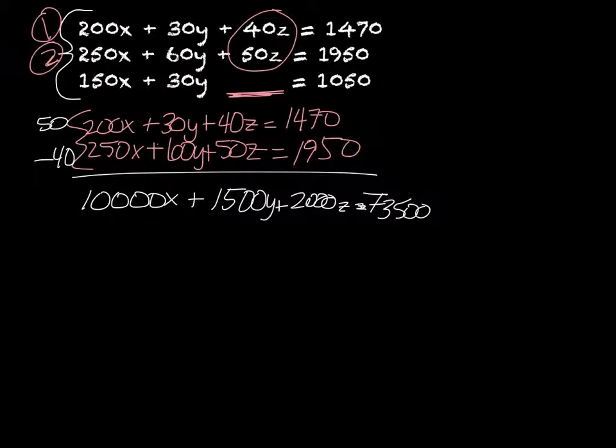And on the bottom, my second row is going to be a negative 10,000 x, if you multiply, and plus a negative 2,400 y minus 2,000 z equals a negative 78,000.